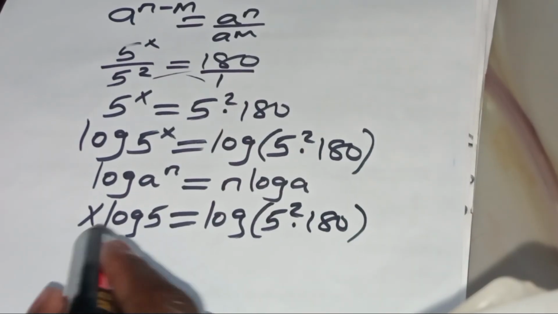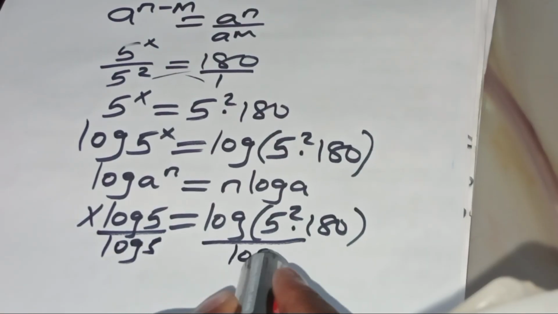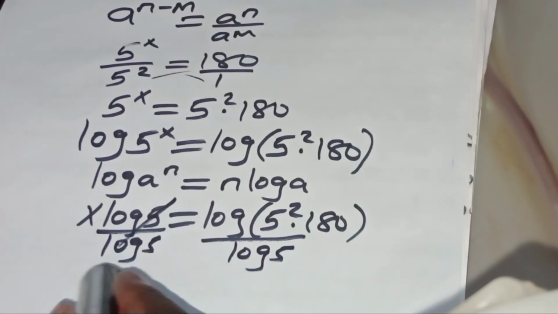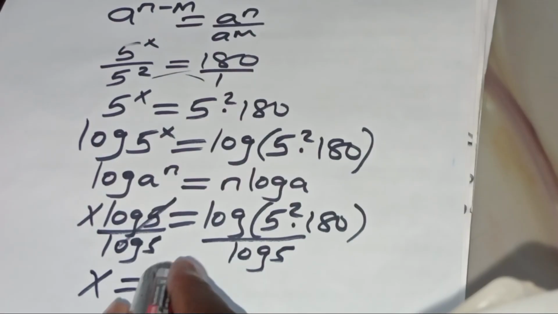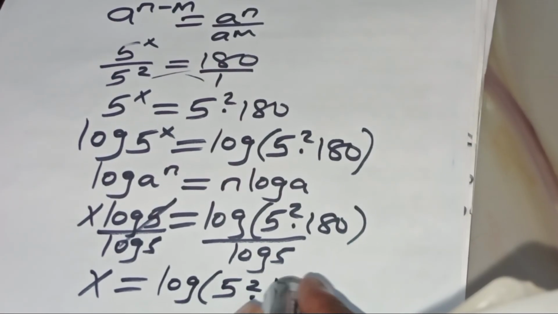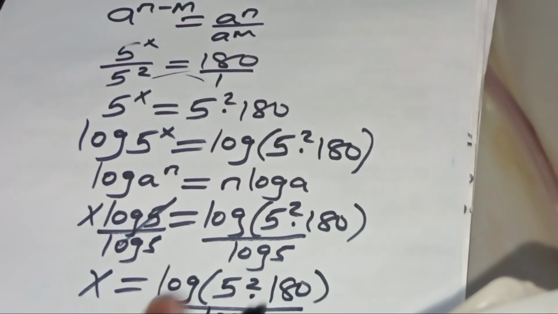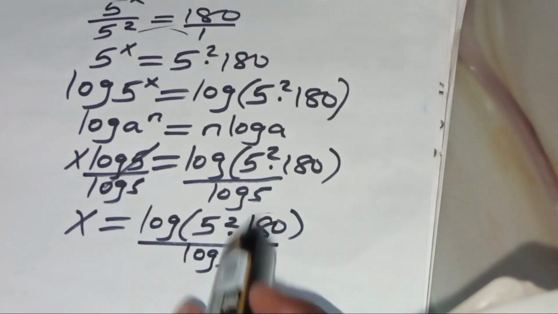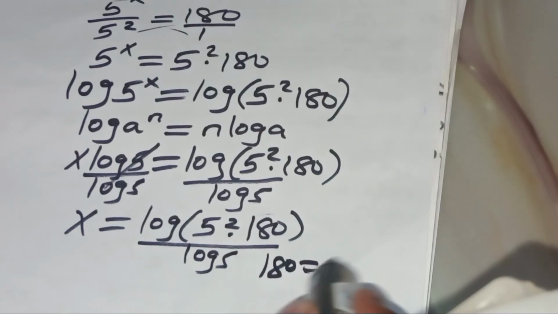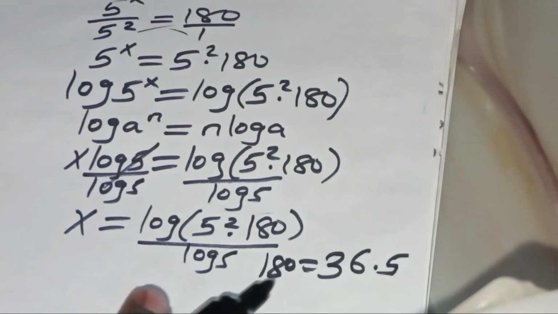So we divide both sides by log 5. Now that means x is equal to log of 5 to the power 2 multiplied by 180, divided by log 5. Now we can express 180 as 36 multiplied by 5.